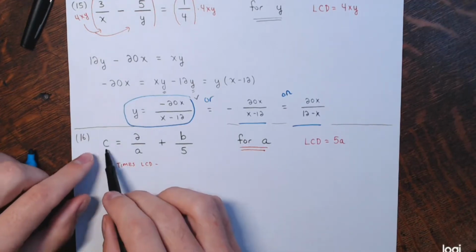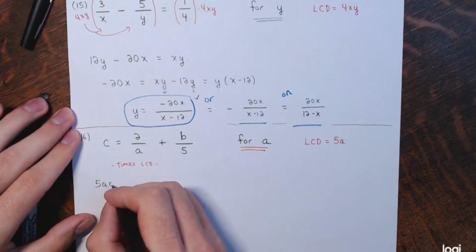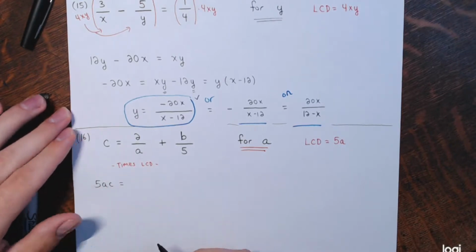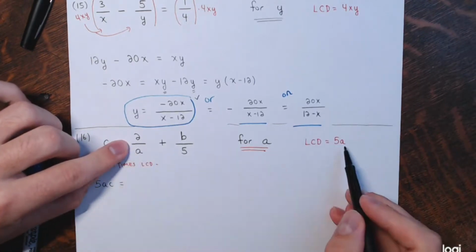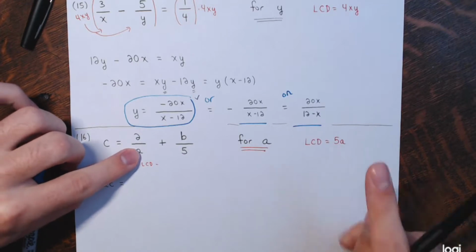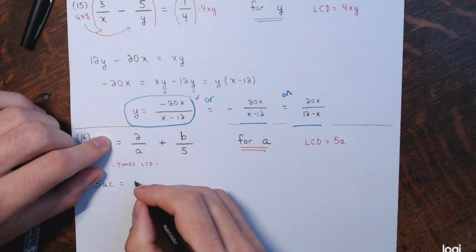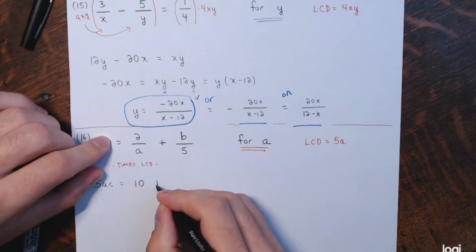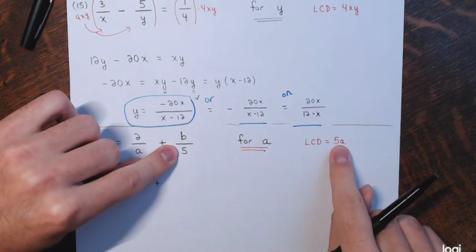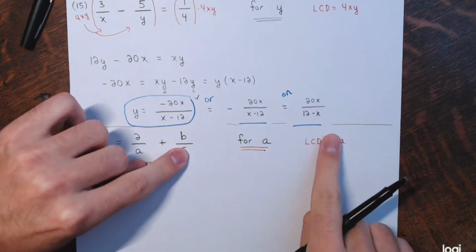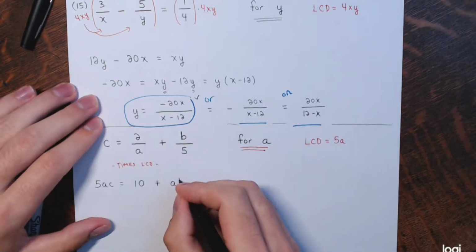So the left side, I would just have 5A times C, 5 times A times C. And on the right side, this first fraction, 2 over A times 5A, the A's would cancel, and I'd be left with 2 times 5, or 10. Plus, then B over 5 times 5A, the 5's would cancel, and I'd be left with B times A, or A times B. Same thing.